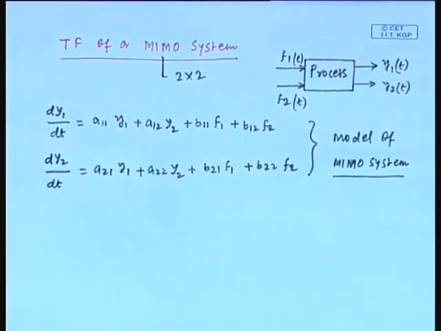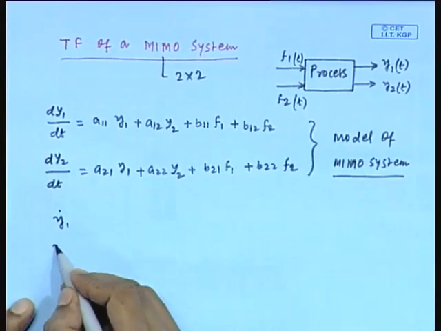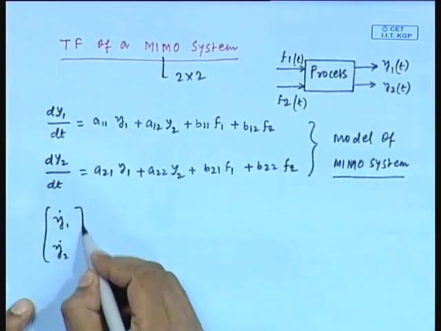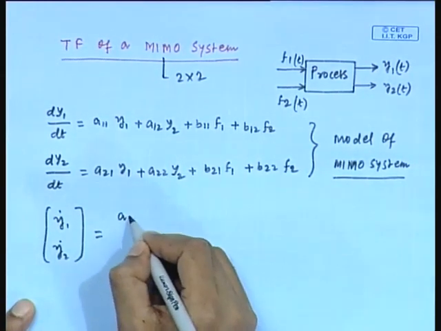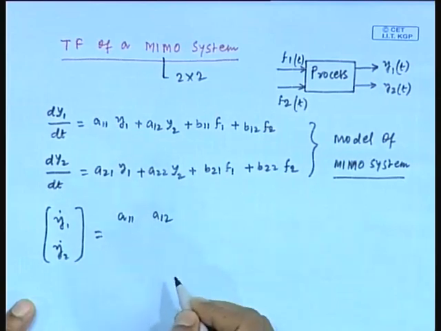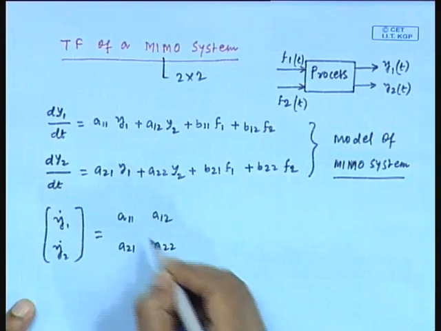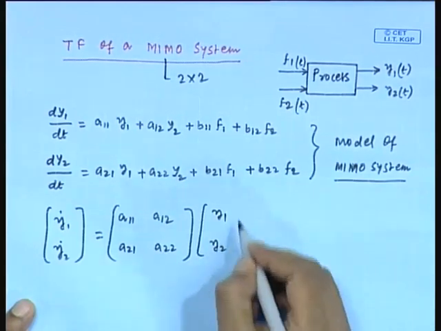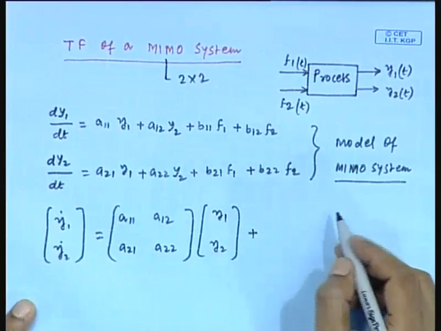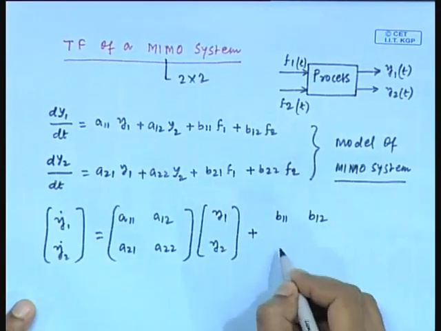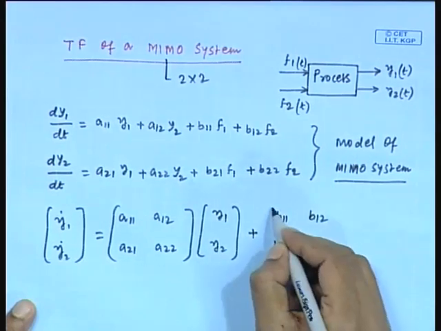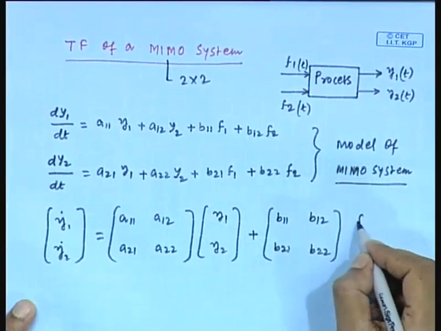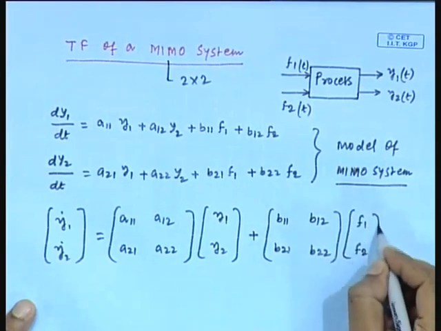We can represent these two modeling equations in matrix form, and that is represented in this way: the derivative of [Y1 Y2] equal to the matrix A11 A12, A21 A22 multiplied by [Y1 Y2], and another matrix for input, B11 B12, B21 B22, multiplied by [F1 F2].